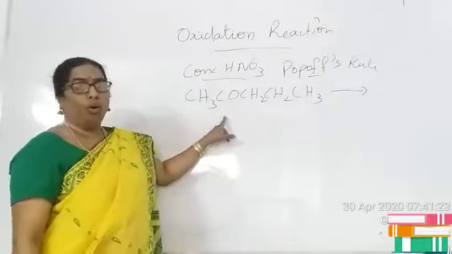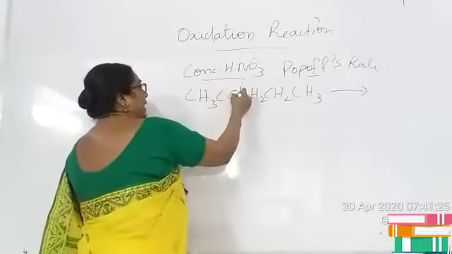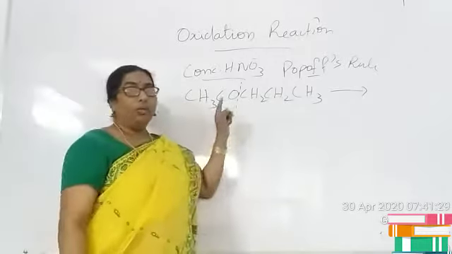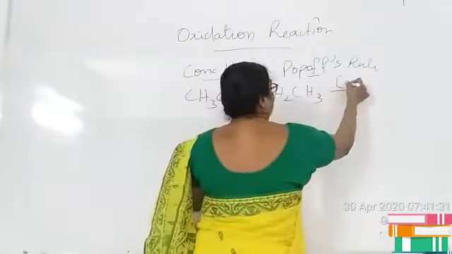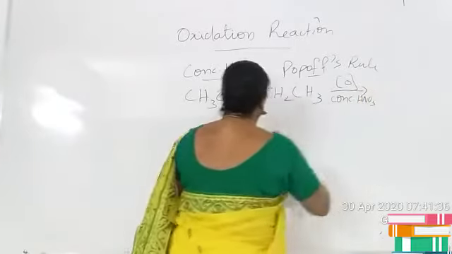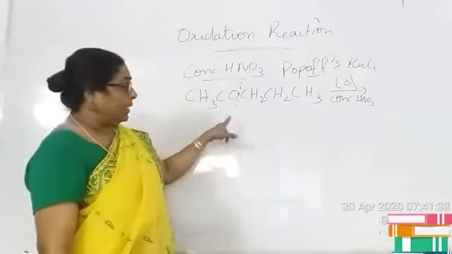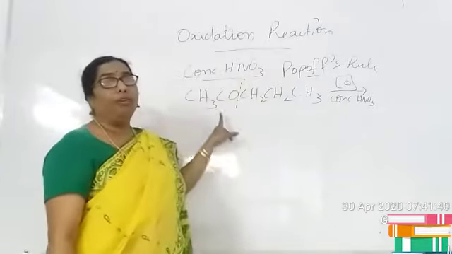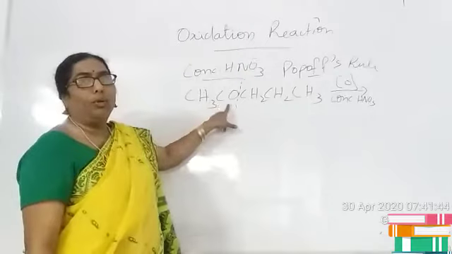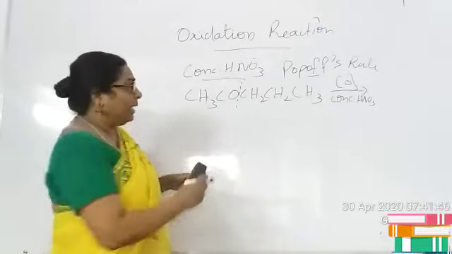According to Popoff's rule, the keto group will stay along with the smaller alkyl group. Ketones on oxidation in the presence of concentrated HNO3 give the corresponding acids, but the formation of acids is decided on the basis of Popoff's rule.